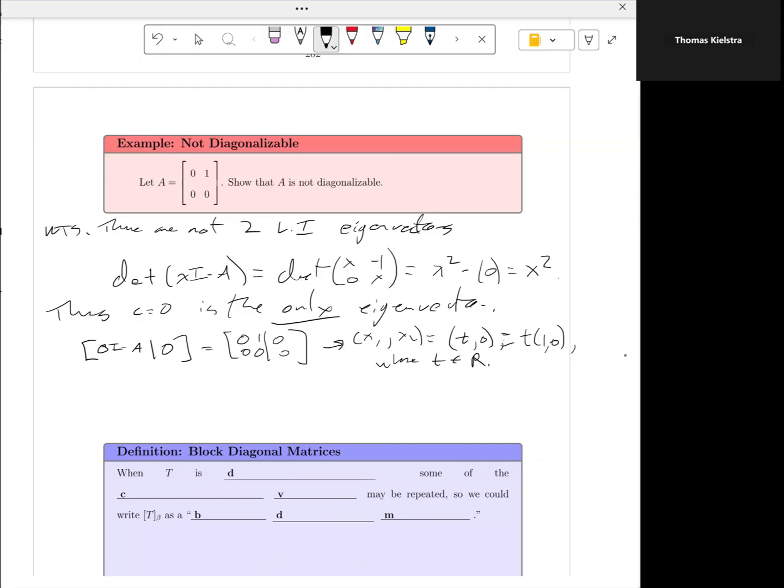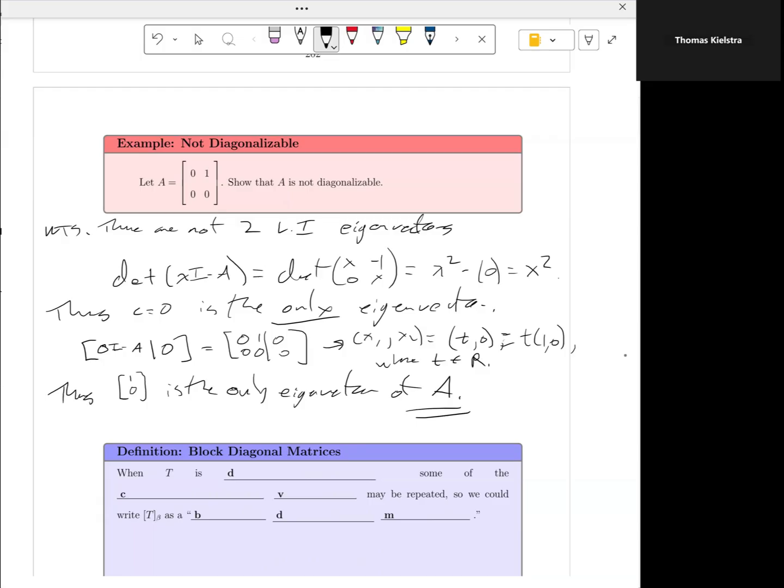If you expand your system of equations and solve it, you can see this. Thus, the vector 1, 0 is the only eigenvector of A.